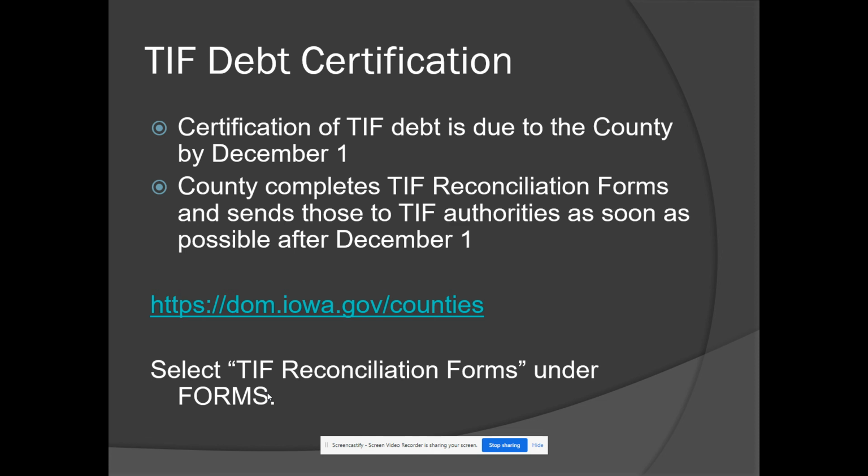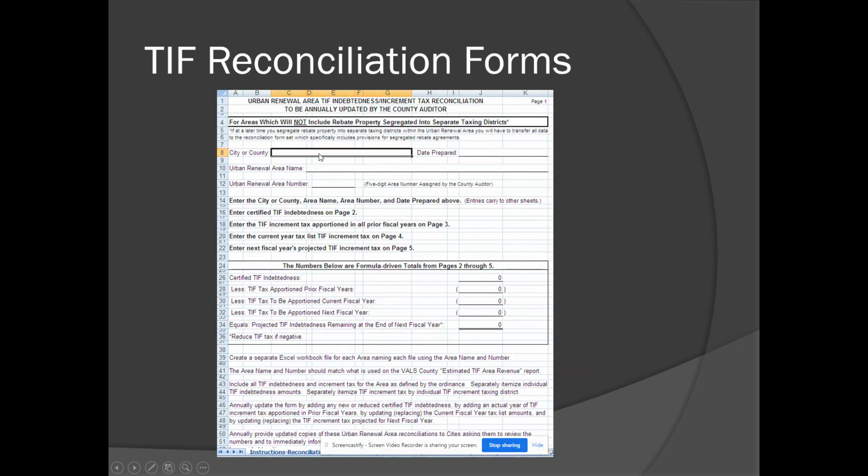So this is a communication tool, but it does drive the value that's associated with those increment and base districts. The TIF reconciliation forms and the certification forms, if you need those, are found on the Department of Management's website at dom.iowa.gov/counties, and you would select TIF reconciliation forms under the forms option. And this is what it looks like. It is an Excel spreadsheet that you can download to your system.